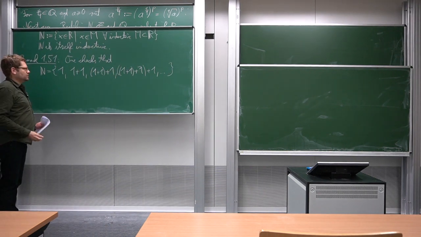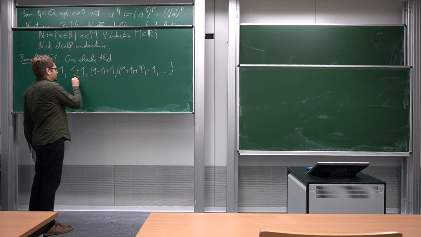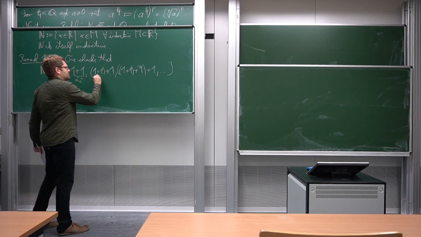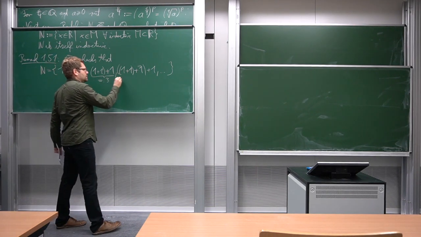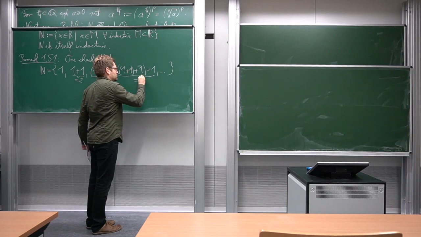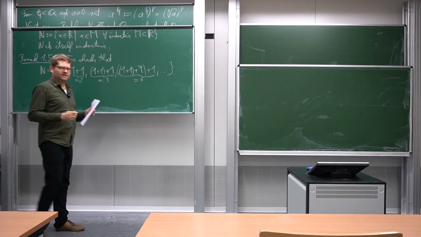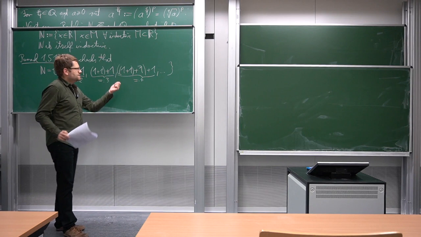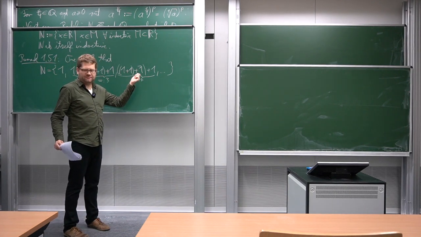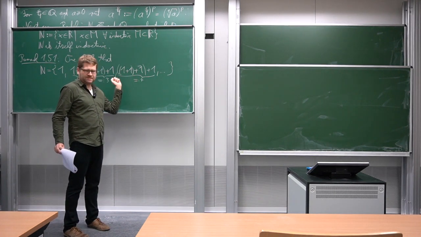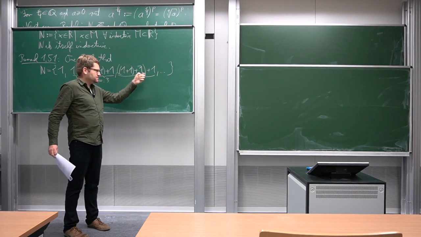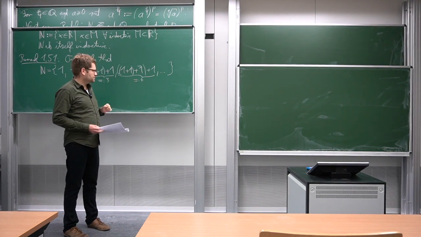Okay, and then we get this. So this number we can then call 2. This number we can call 3. This number we can call 4, and so on. So the number n we would actually get as n times adding up the 1 with itself. And of course, since the field addition here is associative, we could actually leave out the brackets because the order of addition doesn't matter.